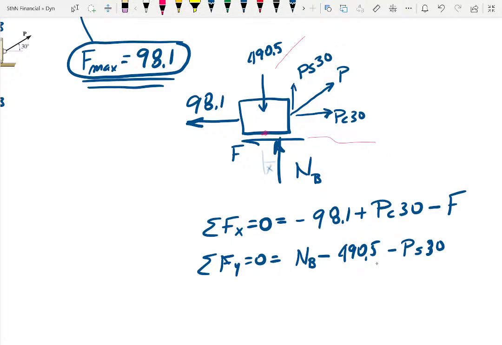It's kind of up to you how you'll do it. If you sum here, you'll eliminate both of these, and I think maybe the best goal is to sum the moments about here. So I'll sum the moments here.